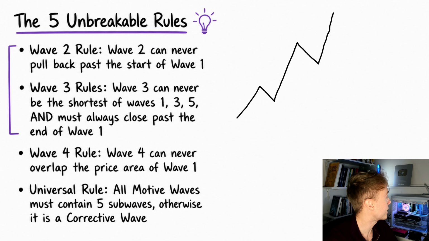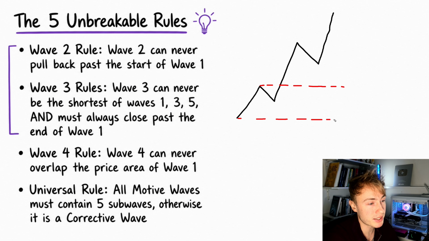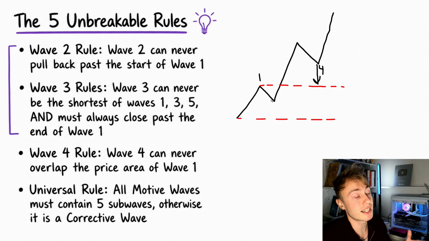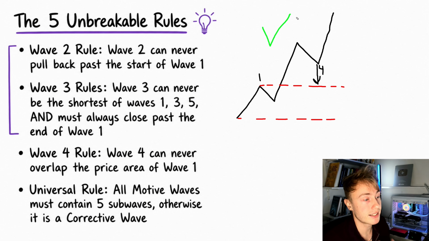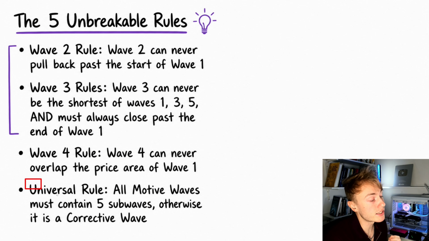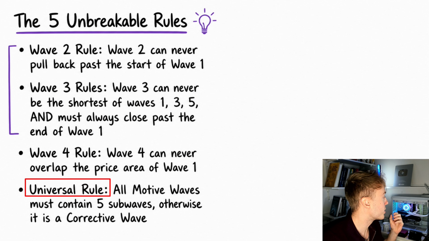And here you can clearly see that we do not dip within the price area of wave 1. Remember, this is the price area, and you can see here that wave 4 is far above the price area of wave 1. So in this case, we did not break the rule, and this right here is a valid count. The last rule is the universal rule, and this one is super simple.